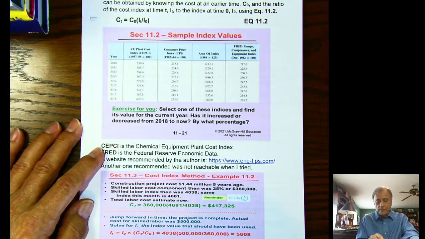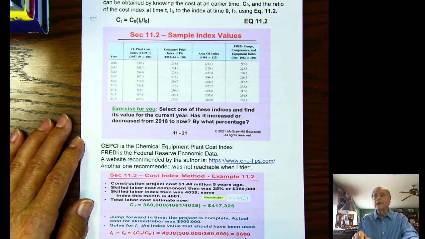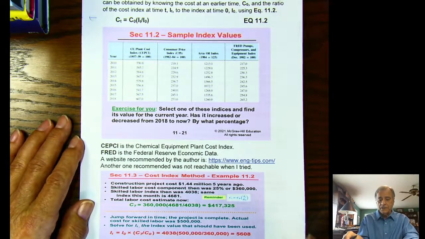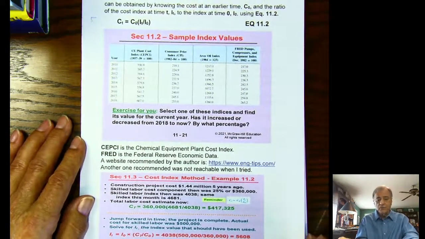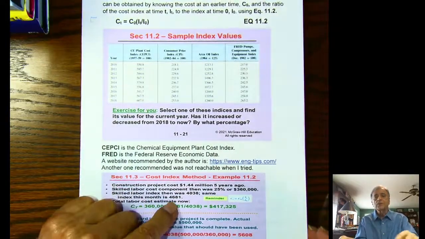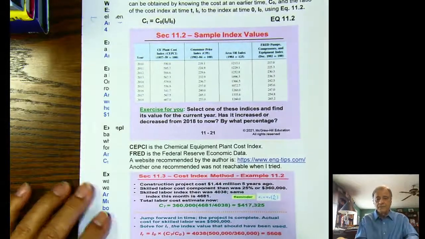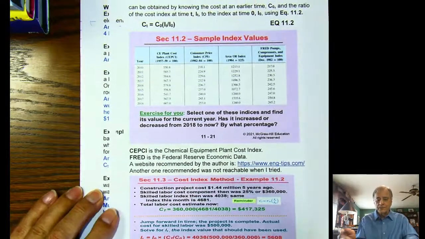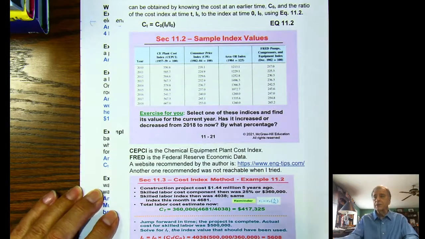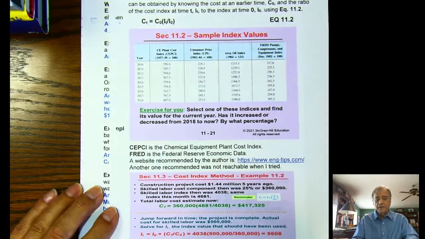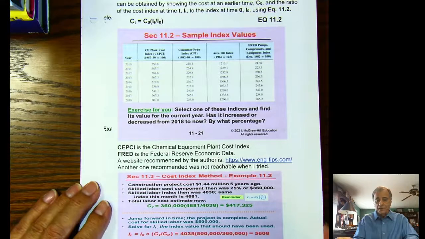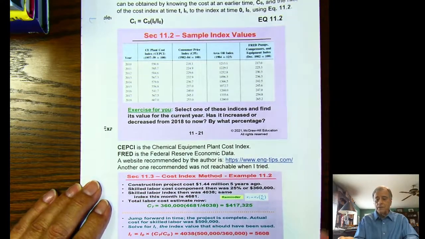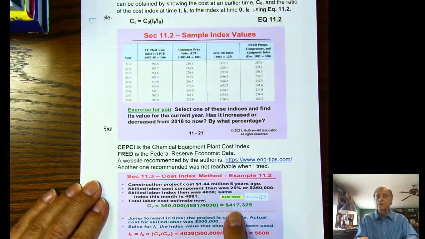And this would be the old index, 4,038, times the ratio of the cost, which is 500,000 over 360,000. It says the index should have been 5,608 instead of what we estimated or what it actually was, 4,660. That's kind of a hypothetical. The second part is hypothetical because the fact of the matter is the index is what it is, but maybe you did not achieve that low a cost as what was estimated.